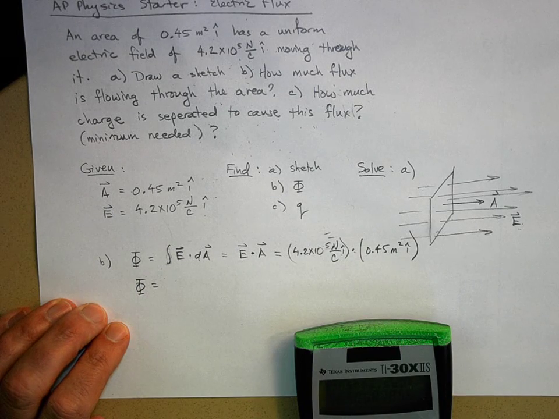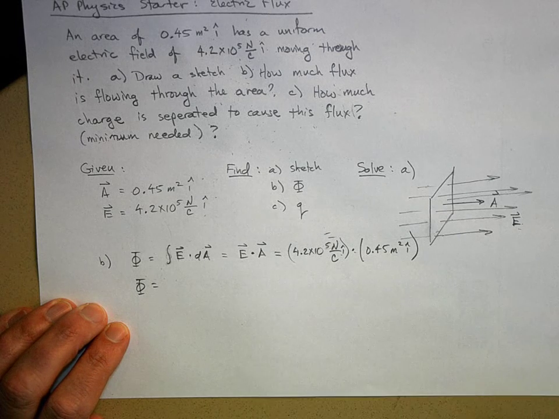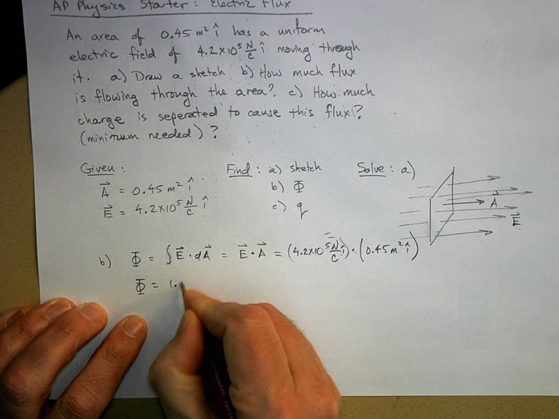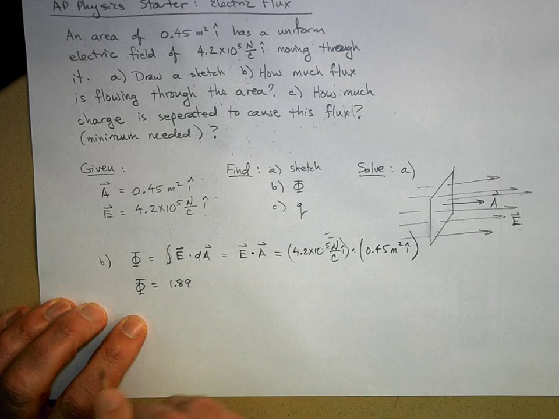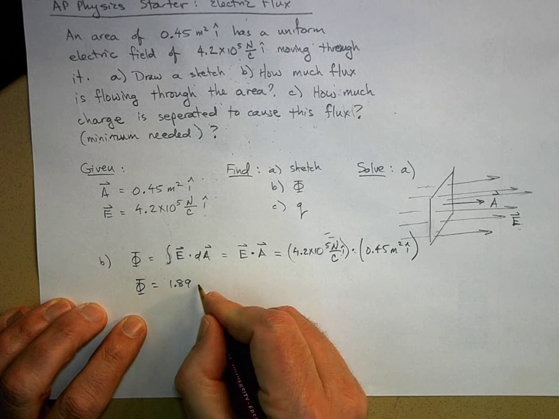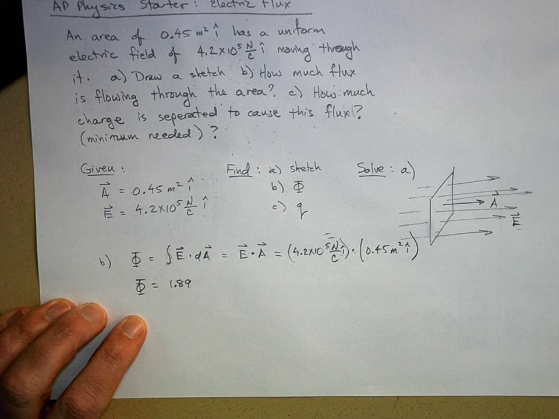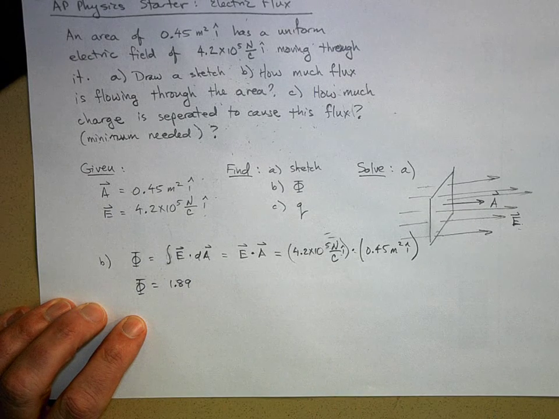And so we get a calculator out. 4.2 times 10 to the 5 times 0.45 equals 1.89 times 10 to the 5.